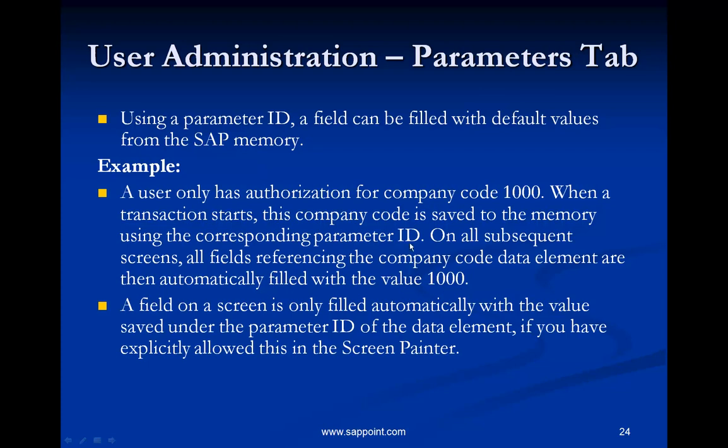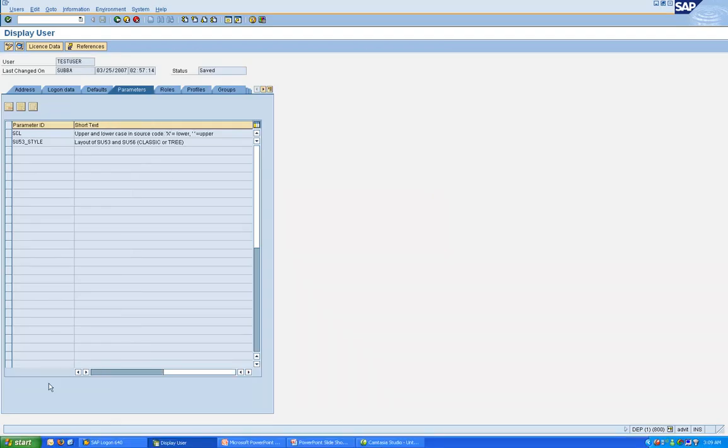So when you execute a transaction code, and in the selection screen there is a field for company code, you don't have to enter the company code manually. It will be automatically filled in by the values that you have specified in the parameter ID in this tab.